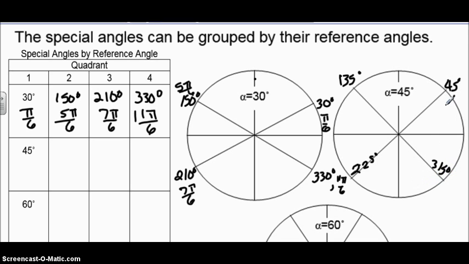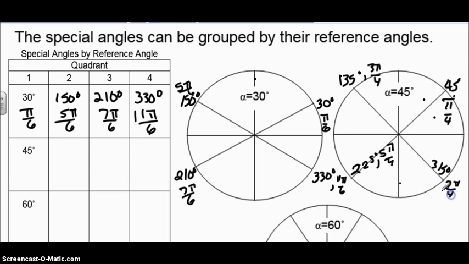So the radians were pi over 4, because we divided pi into 4 equal sections. So here's 2 pi over 4, 3 pi over 4, 4 pi over 4, which makes 225, 5 pi over 4. 270 represents 6 pi over 4, and then 315 degrees would be 7 pi over 4.